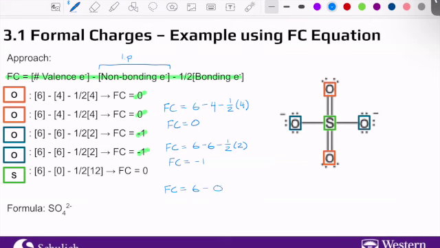There's 0 lone pairs, and then we go to minus 1/2 our bonding electrons. We have 1, 2, 3, 4, 5, 6 bonds, which means 12 electrons. We then have a formal charge equal to 0 for our sulfur.